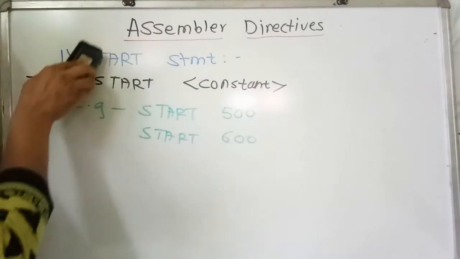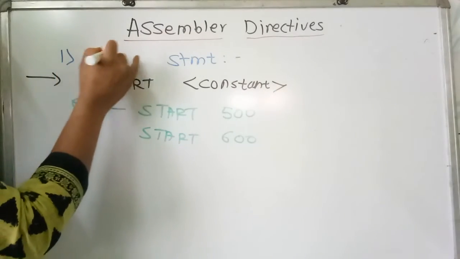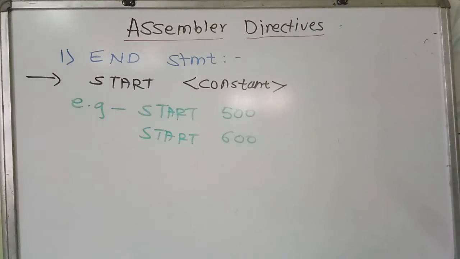Next statement is the end statement. What does this statement mean? This end directive indicates the end of the source program. Means like we write start and stop in an algorithm or flowchart, likewise we have to write start and end in the assembly language program.